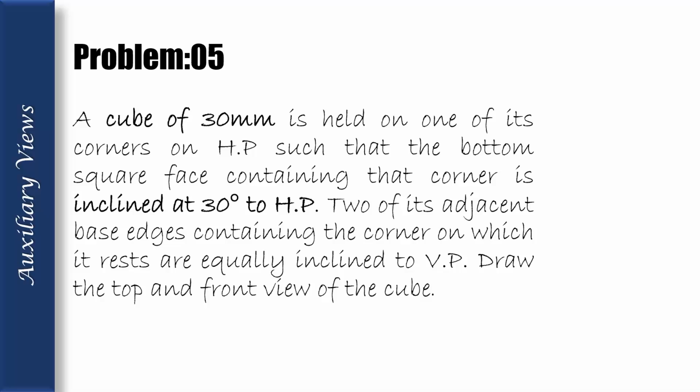So the cube is 30 mm, which means all 4 sides are equal. The side length is 30 mm and the incline is 30 degrees. Keep in your mind, the height is 30 mm and the incline is 30 degrees. It is not mentioned how much it is inclined, so just take it as 10 ourselves.